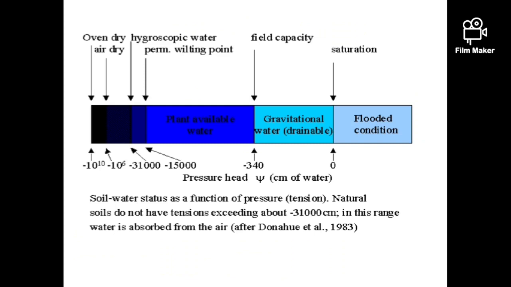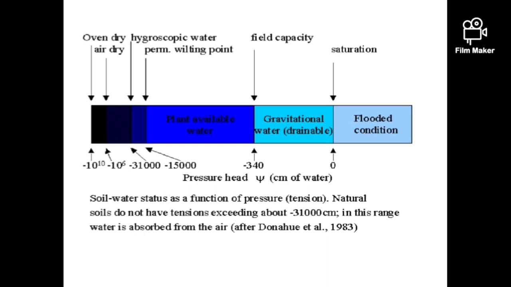Here, you can see the required energy status to remove water at different levels of soil moisture. At saturation, no energy is required to remove water from the system because it drains out due to the gravitational force.